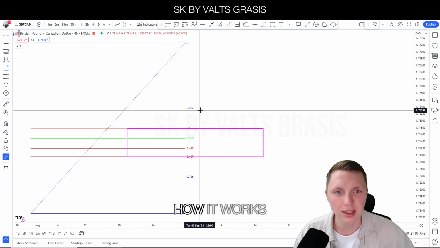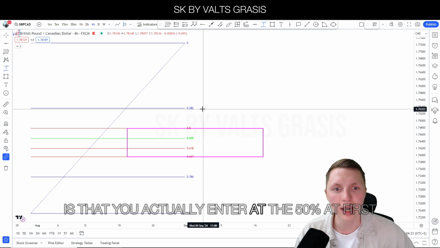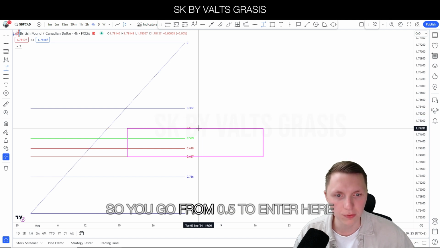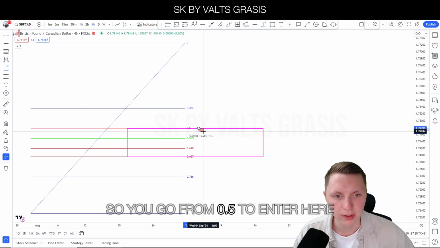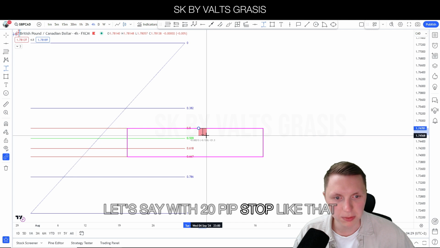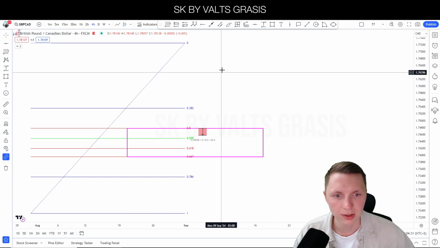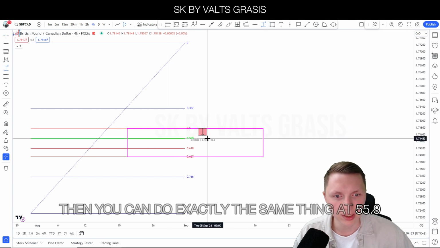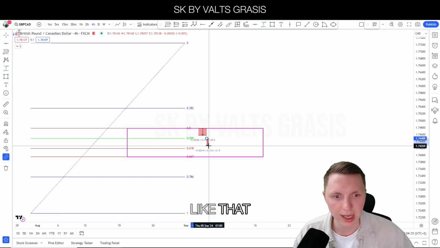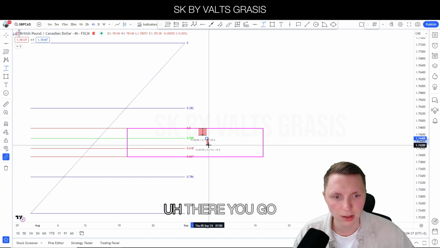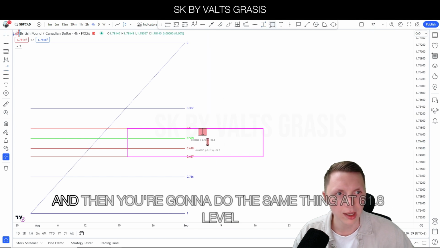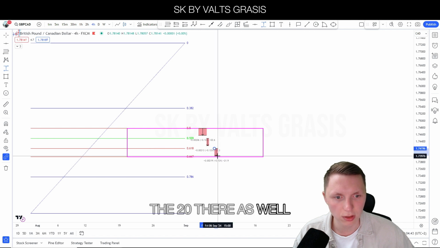Trading multiple, how it works is that you actually enter at the 50% at first. So you go from 0.5, you enter here, let's say with a 20 pip stop, like that. Then you can do exactly the same thing at 55.9, like that. There you go. And then you're going to do the same thing at 61.8, the 20 pips here as well.